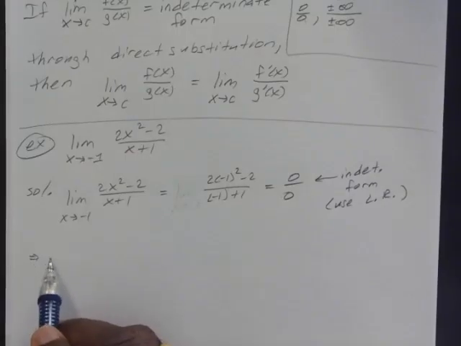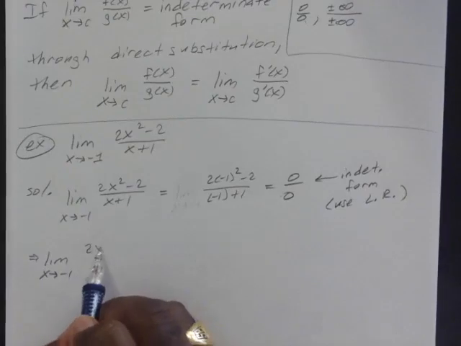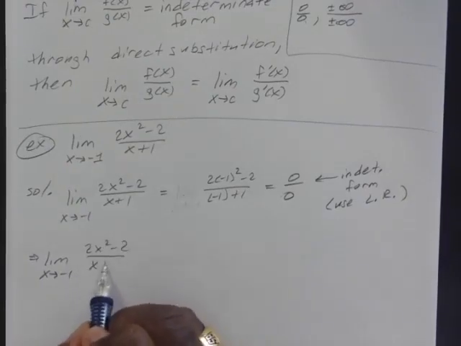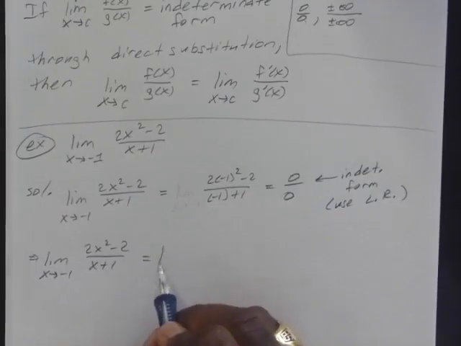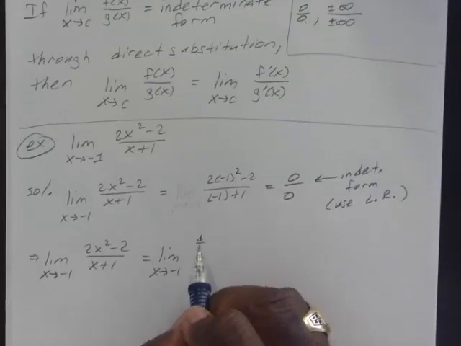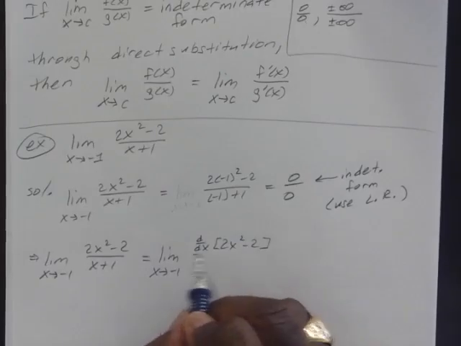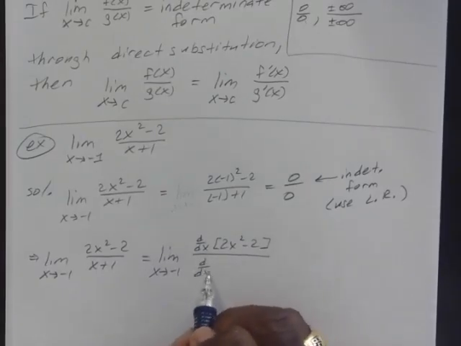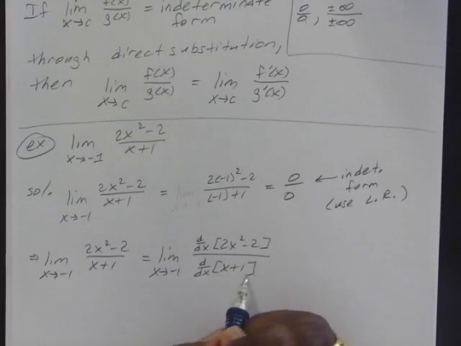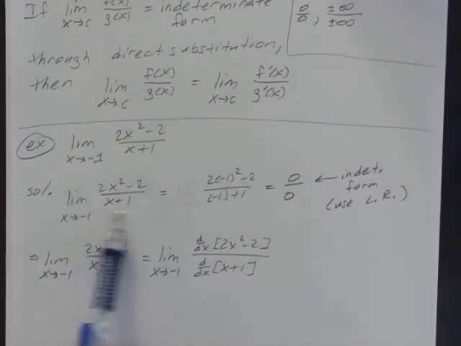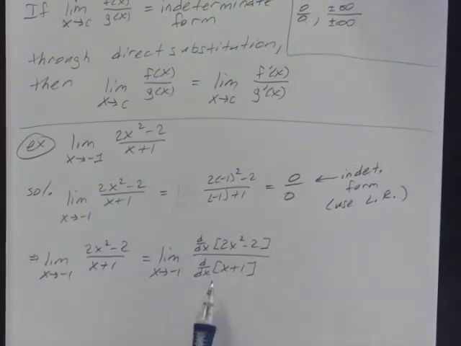So all that means is that the limit as x approaches -1 of 2x squared minus 2 over x plus 1 is equal to the limit as x approaches -1 of the derivative of 2x squared minus 2 divided by the derivative of x plus 1. So we're not taking the derivative of the whole thing, because that would just be the quotient rule. We're taking the derivative of the numerator separate from the derivative of the denominator.